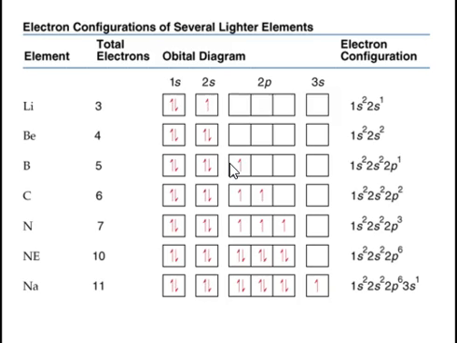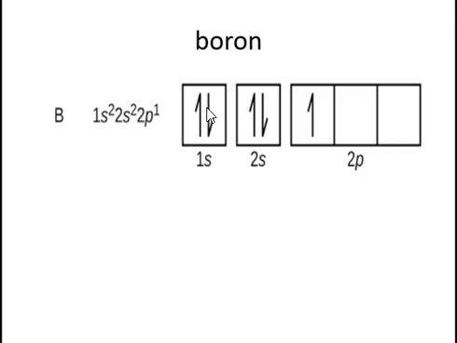So here are some common electron configurations and their box notations. The electron configuration for 1s2, 2s1 looks like this. 1s, 2 electrons in it. 2s, 1 electron in it. There's some more examples on this page. This is boron.